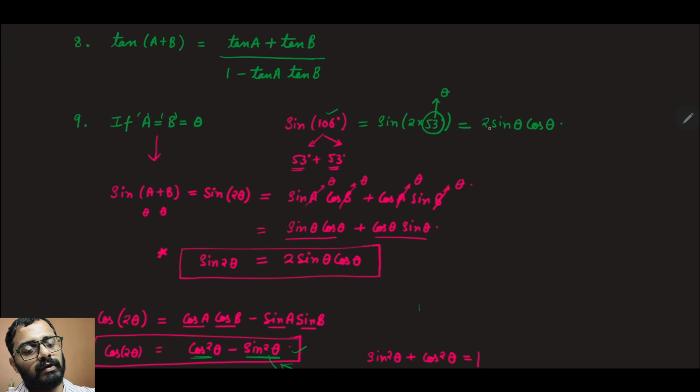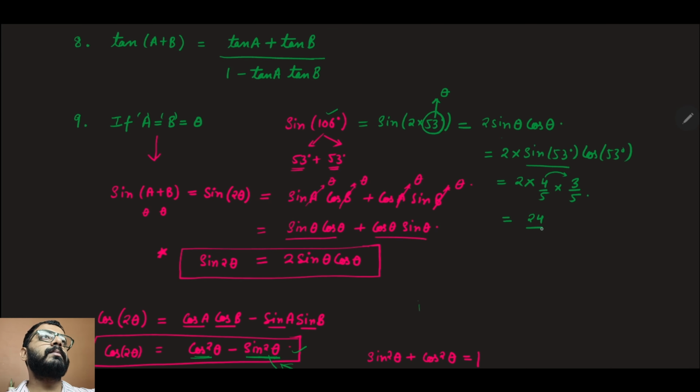Now we can put the values here: 2 into sine 53 into cos 53. We will just substitute the values now. Sine 53 is 4 by 5. Cos 53 is 3 by 5. Finally, this will become 12 into 2, 24 by 25. So this you need to remember.